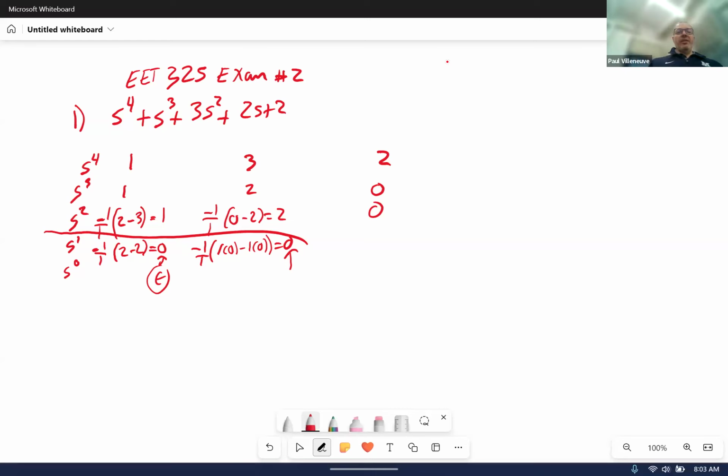So we had to use the auxiliary equation. The auxiliary equation means go to the row just above the row of zeros. In this case, it's S2, and grab your coefficients from there.